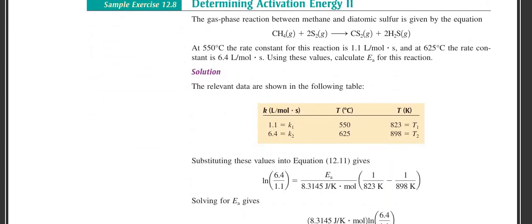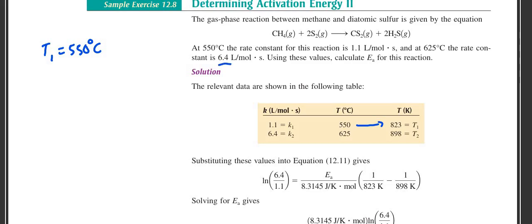In this example, they are saying at 550 degrees Celsius, the rate constant of this reaction is 1.1 liters per mole. So temperature 1 is simply 550 degrees Celsius. You can convert it to Kelvin, which is what they were doing. The 550 becomes 823. Then at 625, the rate constant is 6.4.